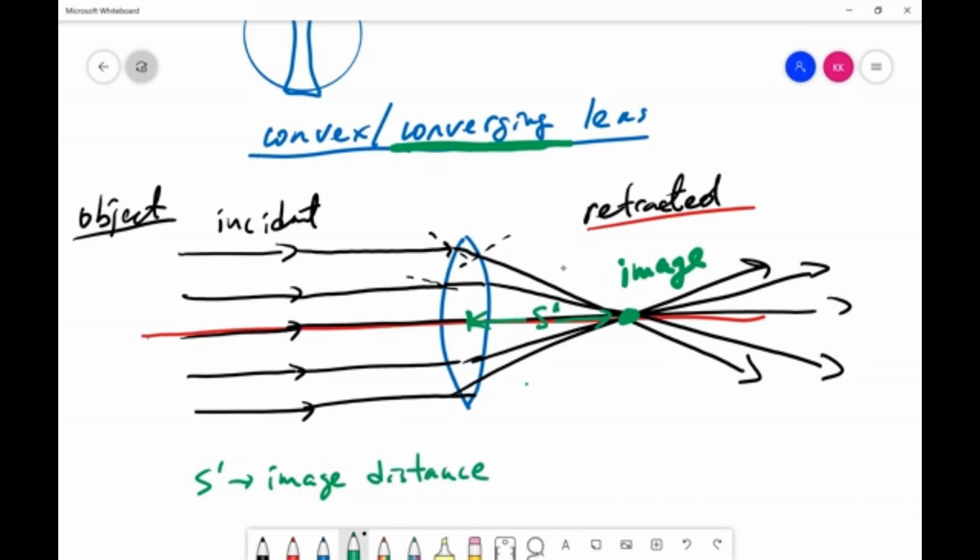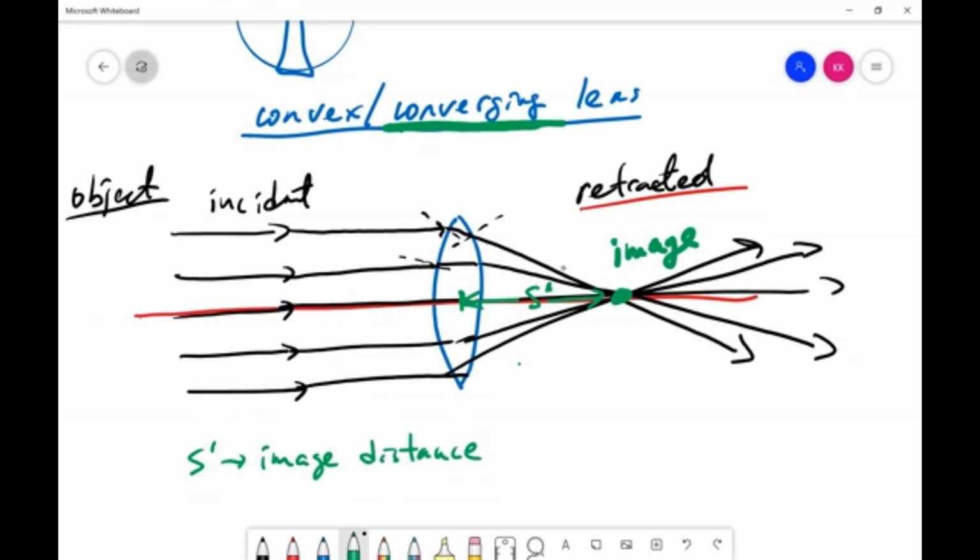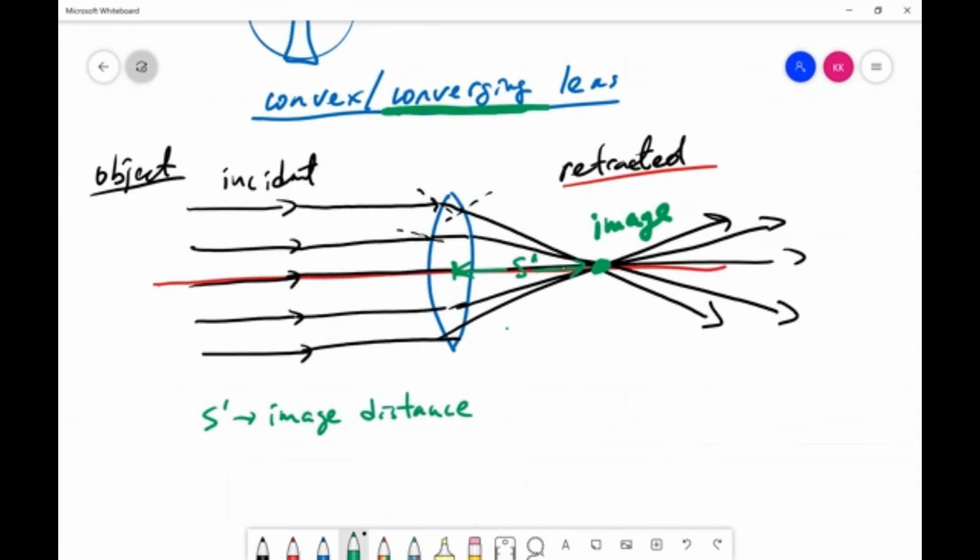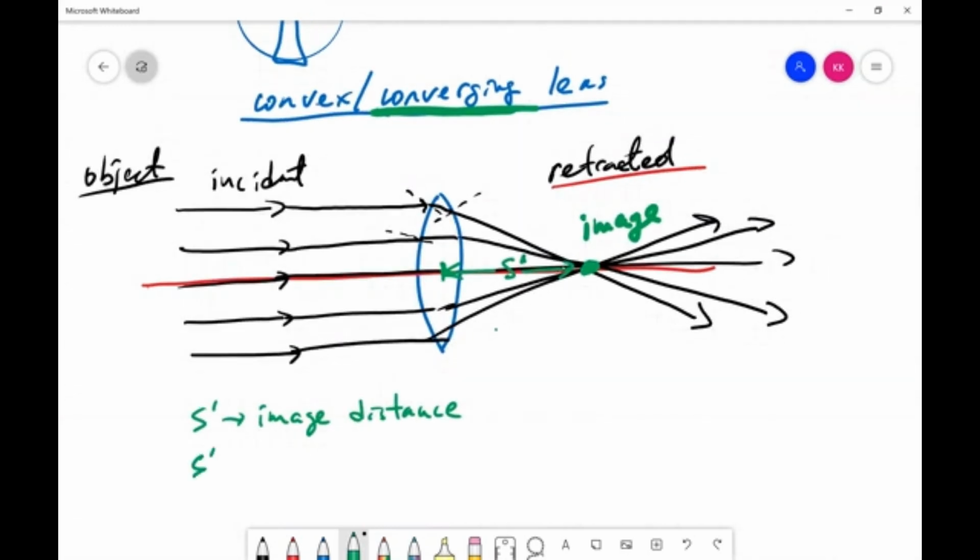That's the image distance. Okay, so now what we want is to relate those quantities: image distance, object distance, right?